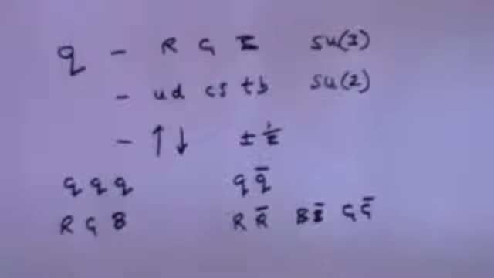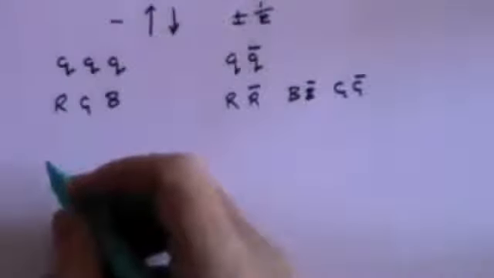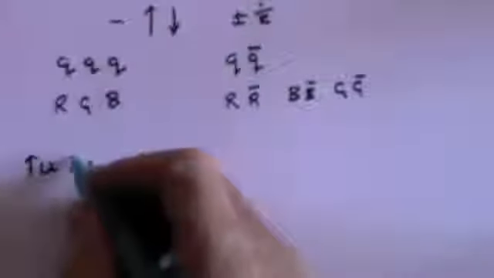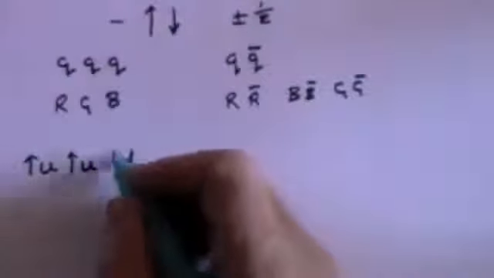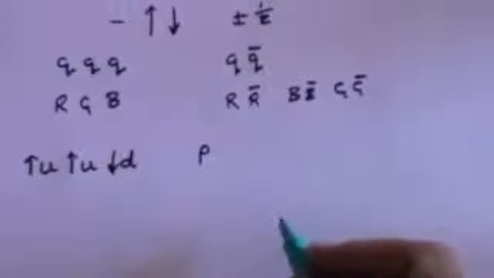Just at the moment, I want to design some particles. So let's start with a particle that we know very well. We'll start with the up, spin up, up, spin up, down, spin down. Up, up, down, that is recognisably a proton.